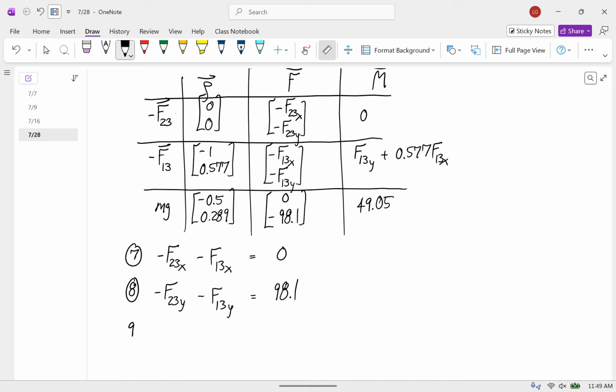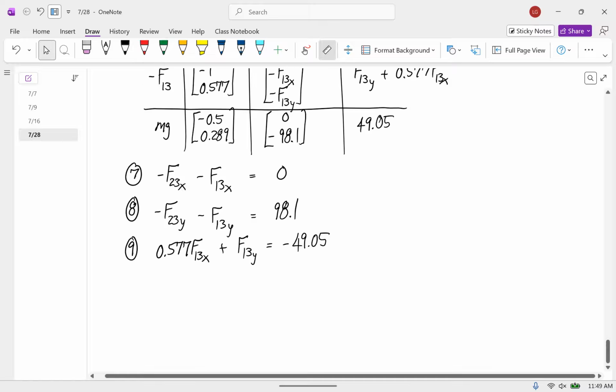And then the 9th is the rotational Newton's second law. So I'll rearrange this, 0.577 F13x plus F13y is equal to negative 49.05. So that's 9 equations. And what are the variables? So hopefully we have 9 variables.